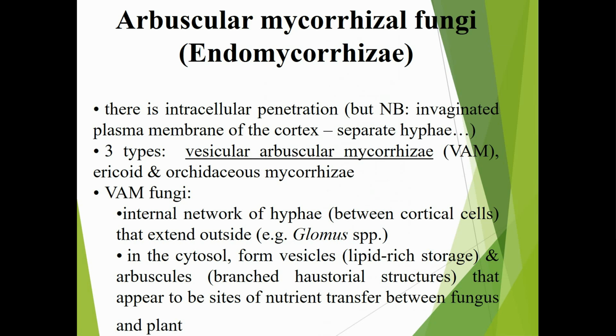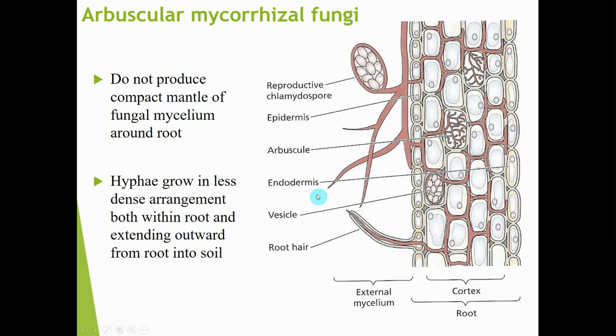These 3 types are VAM, Ericoid, and Orchidaceous, and that's just orchids, and these are Ericaceae. And vesicular will be those forming these specific vesicle regions.